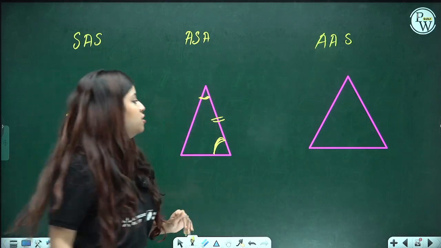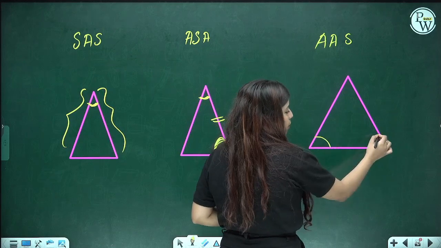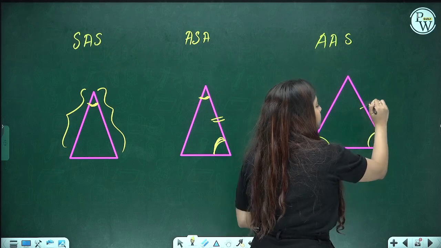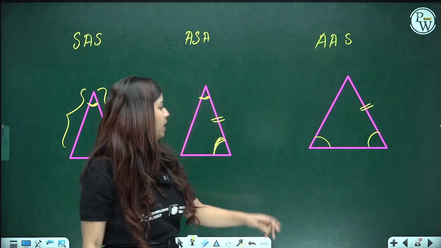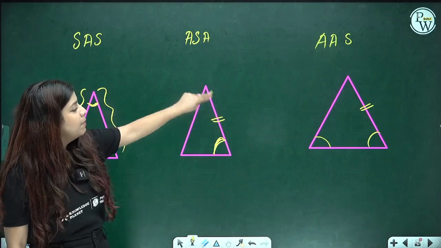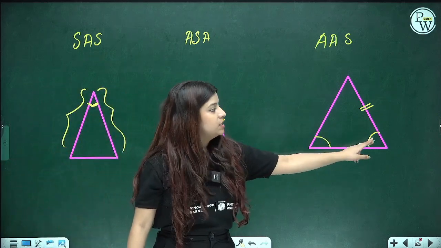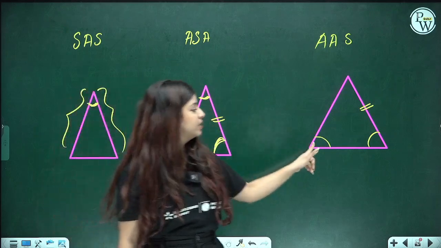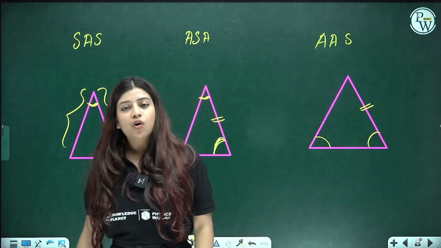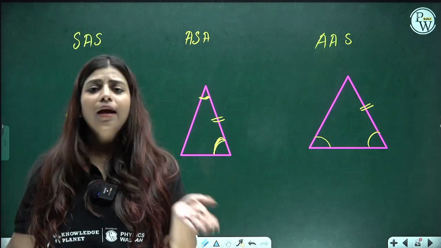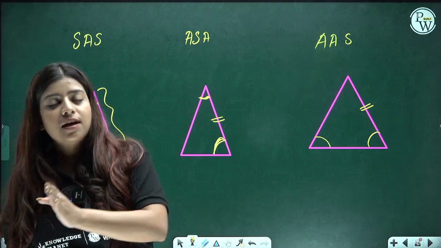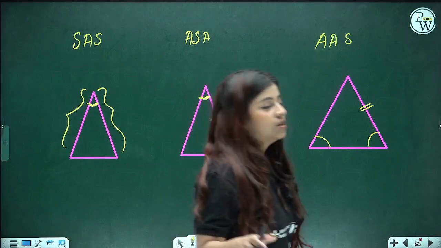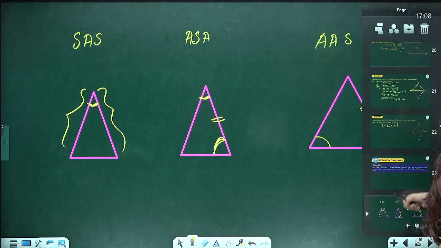Two angles come next to each other, and after these two angles the side is given equal. In ASA the side is present in between the two angles; in AAS the side is present after the two angles. With the name angle angle side, it is clear: two angles together, then the side. ASA is angle, then side in between, then angle. So this is the difference, right? I hope the difference is clear with everyone.